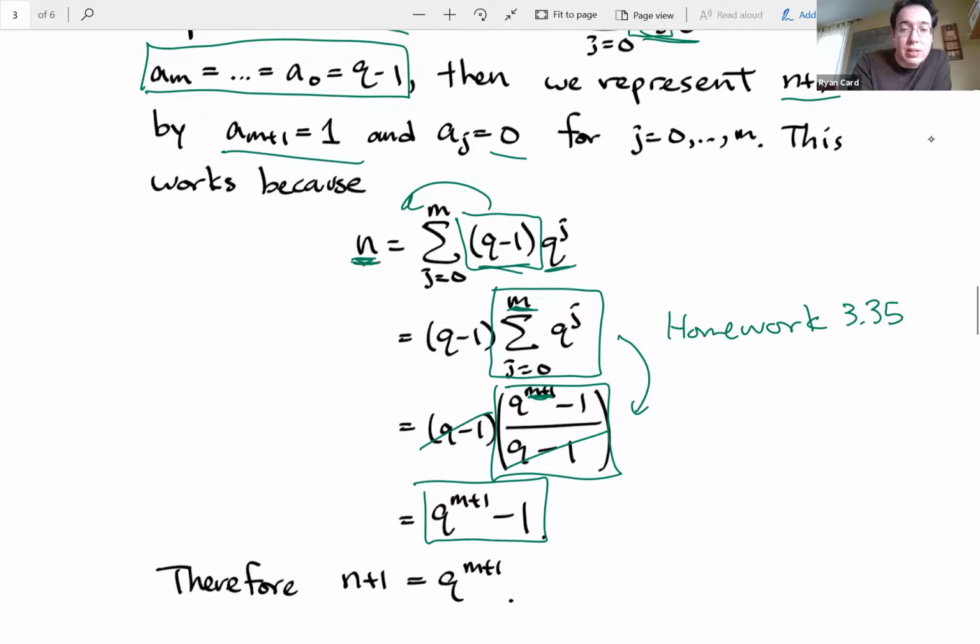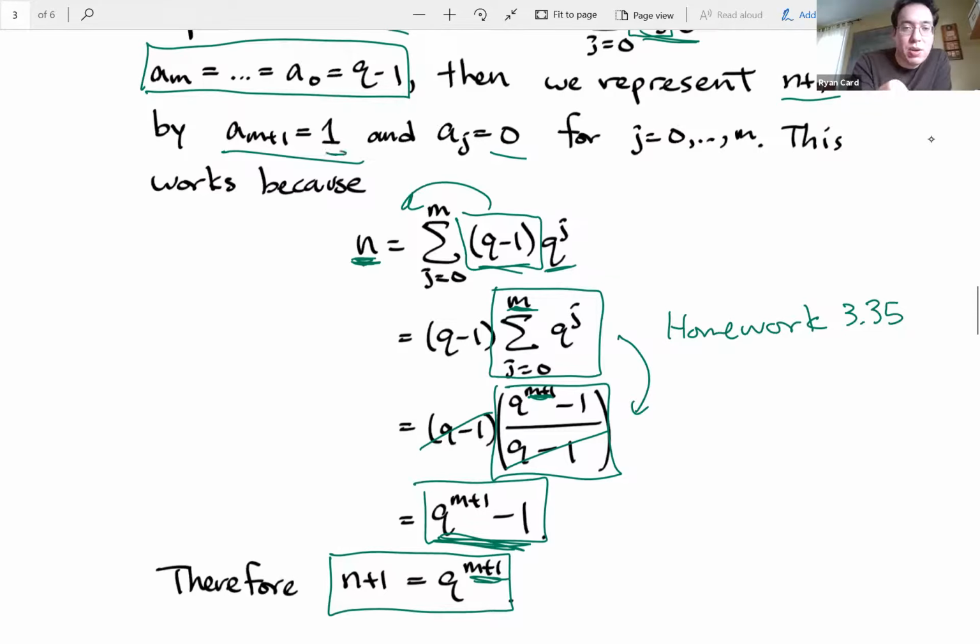That was the nth step. So if n is equal to that, then I can bring the negative 1 over to the left-hand side by adding 1. And then I end up with n plus 1 is q to the n plus 1. And that's exactly what we have for the new representation.